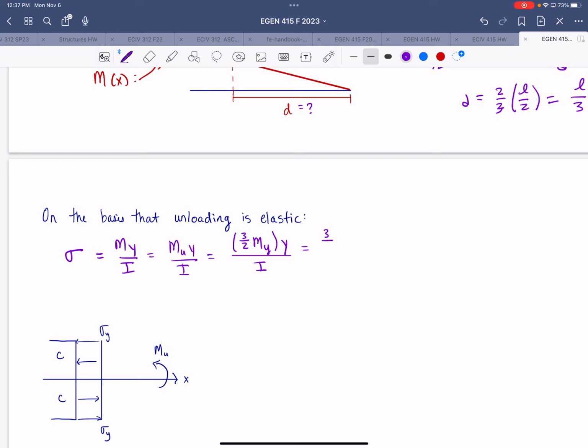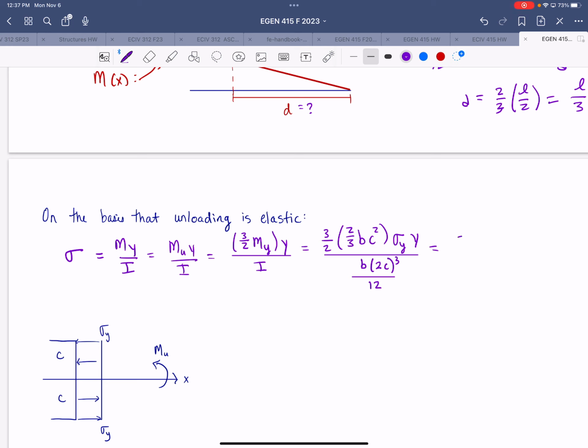And then making our substitution for My in terms of the cross-section dimensions, we have 3/2 times 2/3 b c squared times sigma y times the variable distance y, all over the moment of inertia, which is also b times 2c cubed over 12.